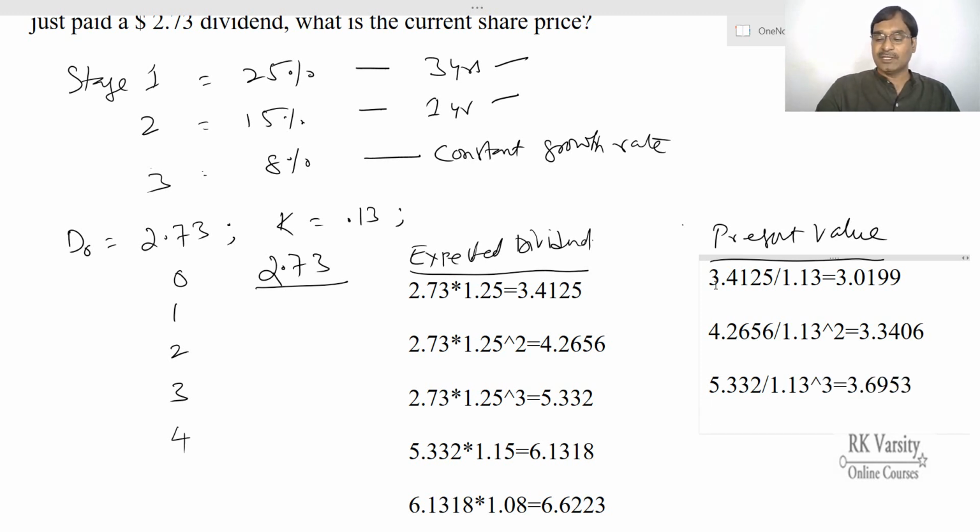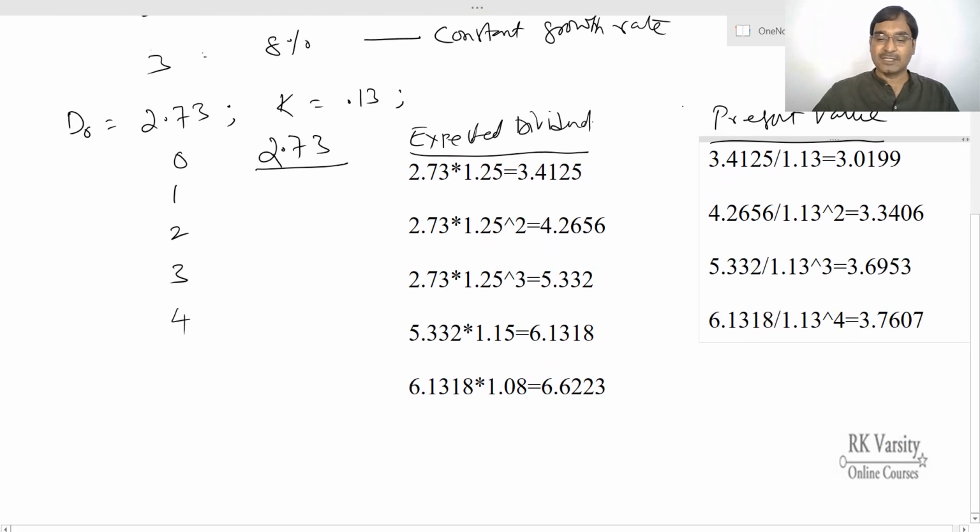So this is the present value of third year dividend, and the present value of fourth year dividend is 6.1318 upon 1.13 raised to the power of 4. So this is the fourth year dividend's present value.